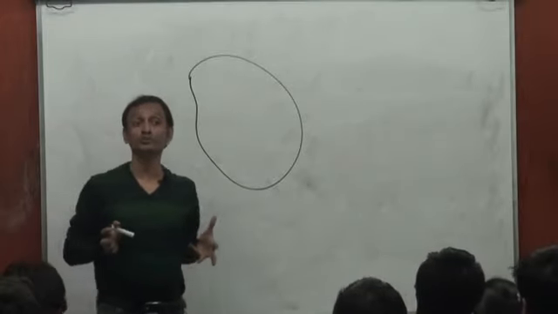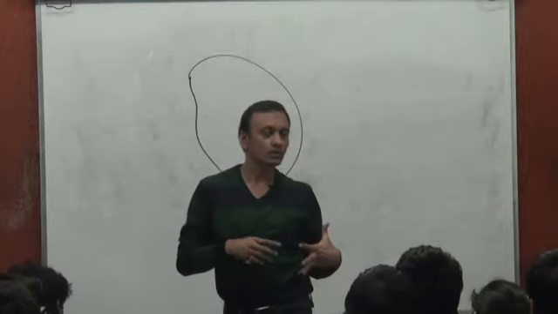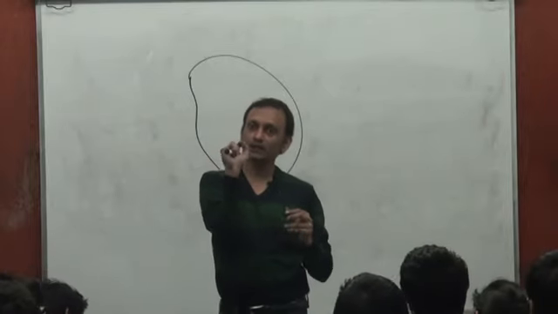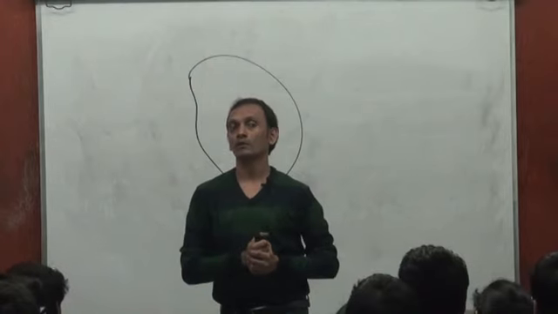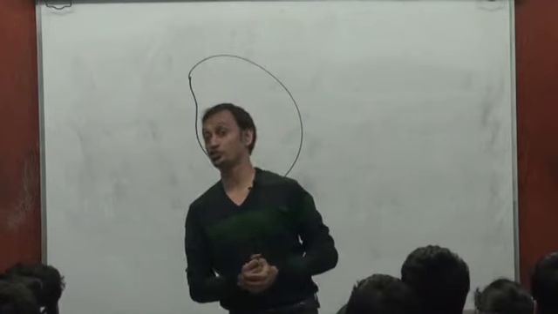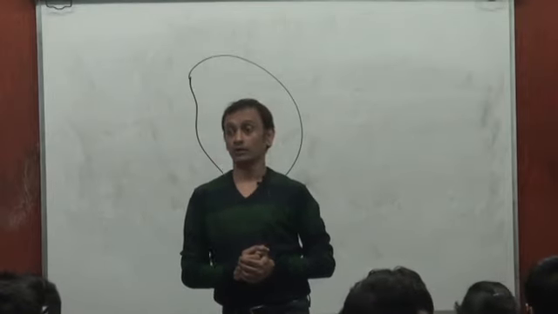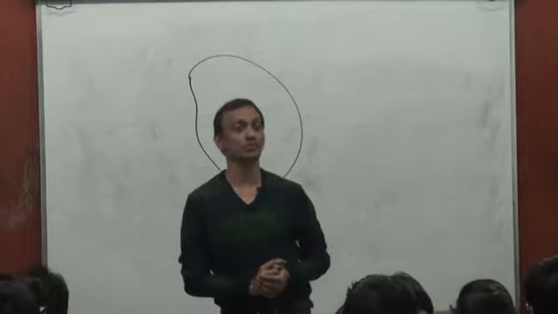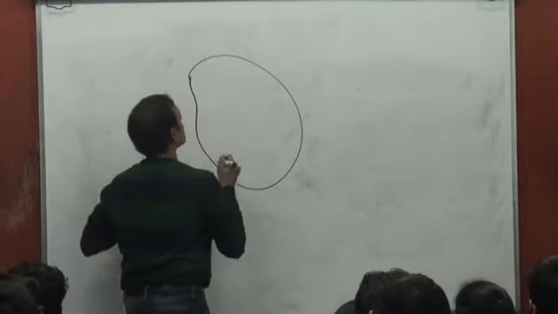So, for a rigid body in a very complicated kind of motion, you can identify a particle in a very general rigid body motion having zero velocity.